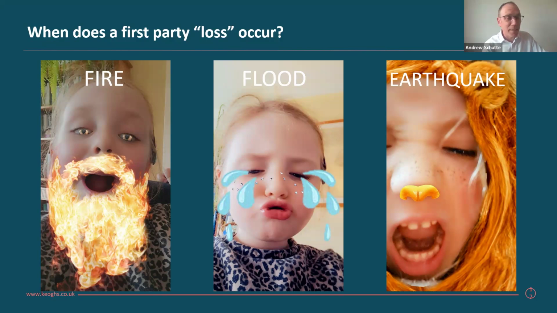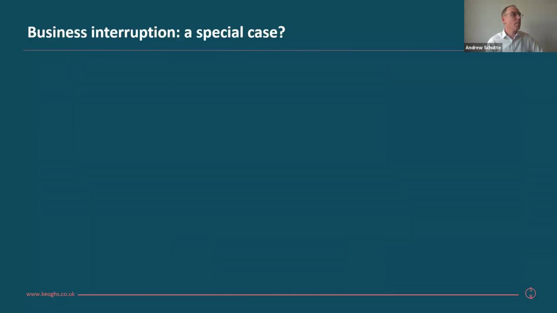Anyway, so the fire, the flood, the earthquake, it's super simple. It's just whenever that happens, that's the occurrence. It's also when the insurer becomes liable to pay. Business interruption, as we've already seen, is normally part of many, not all, first party lines of business. And that's a bit of a special case.